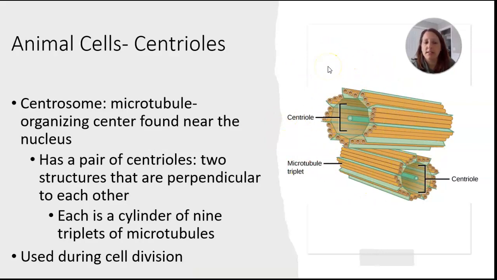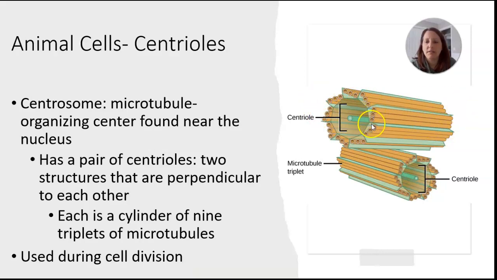Okay, so this is the centrosome. These are centrioles, so each one is a centriole, and together they make up something called the centrosome. So let's take a look at this. So each centriole is made up of these hollowed out tube-like structures, which are made of microtubules, which again are part of the cytoskeleton. We're going to talk about them a little bit more in the next part of the chapter. But you'll notice the arrangement.